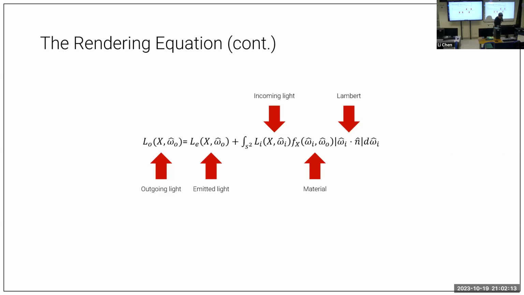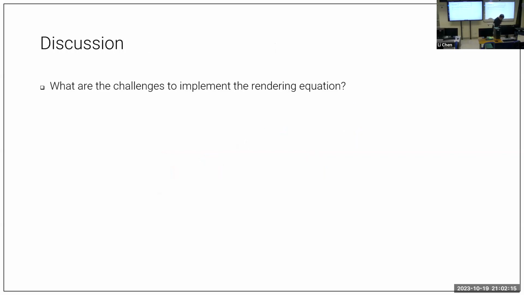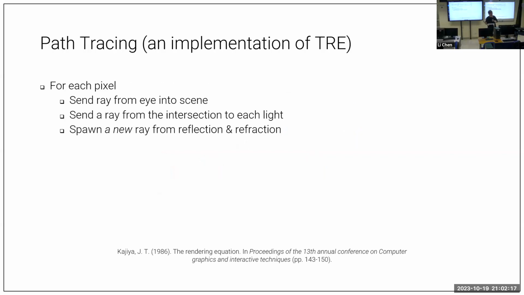So instead of randomly searching for the light in the scene, we directly find the intersection to each light. Oh, this is super clever, actually. So this is the second optimization.